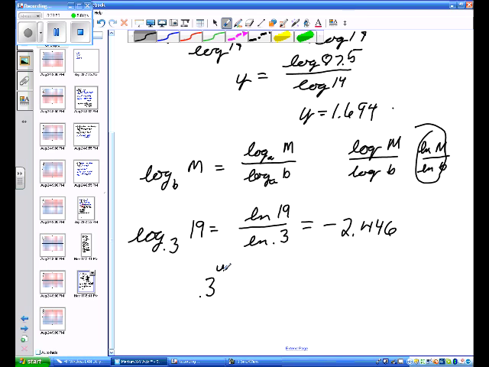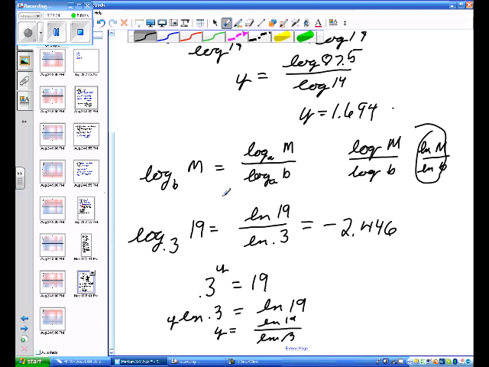So this would be 3/10 to the y equals 19. If you have two numbers that are equal, then their logs are equal. So this would be the natural log of 3/10 to the y, which would be y times that, is equal to the natural log of 19. Then when we solve for y, we can divide. And this is where we get our change of base formula.